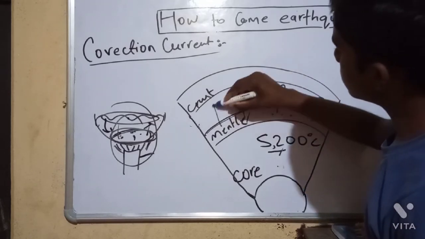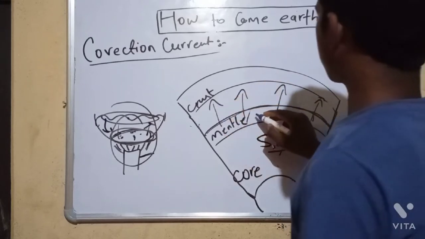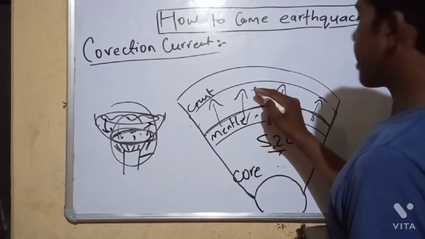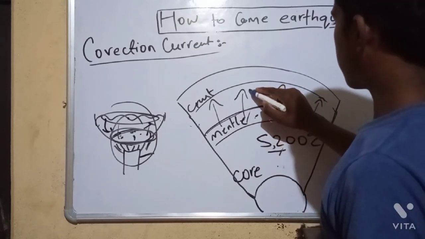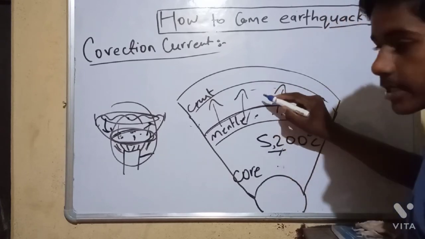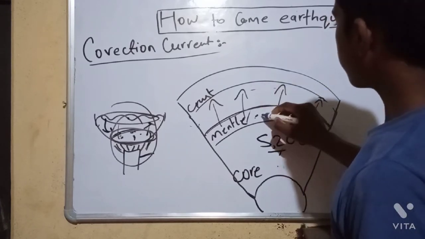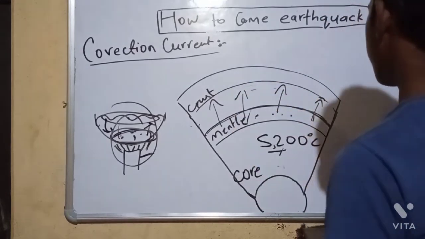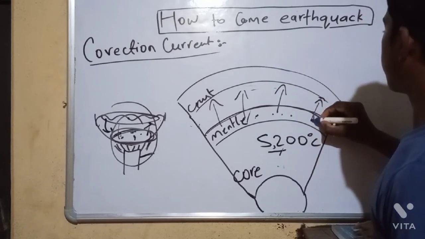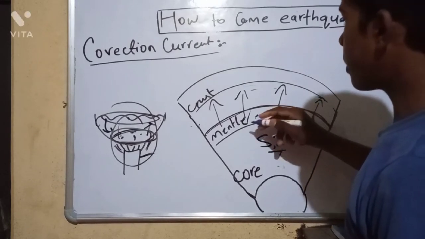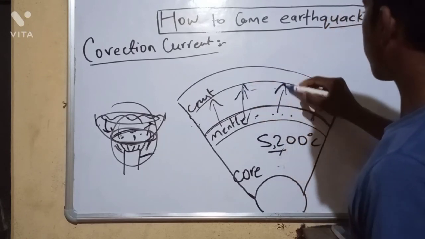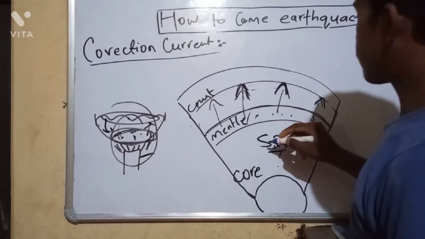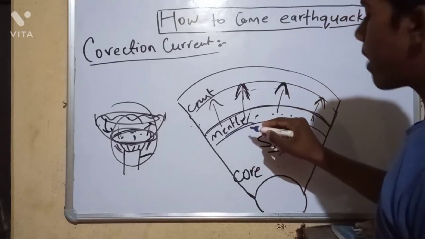Then when it reaches this area, it gets chilled, and because of heaviness it comes back into the mantle. The boiling, warm material is forced toward the crust, continuously pushing.